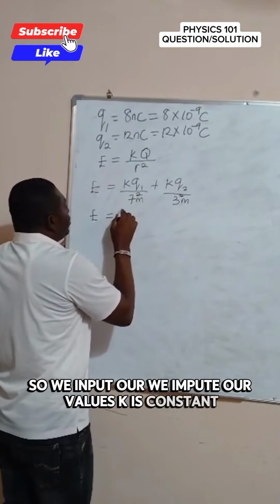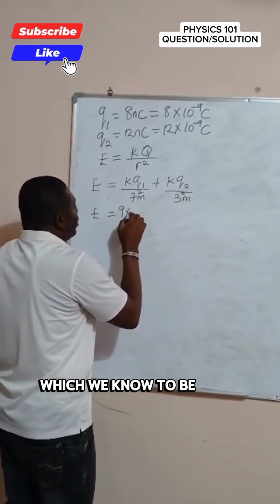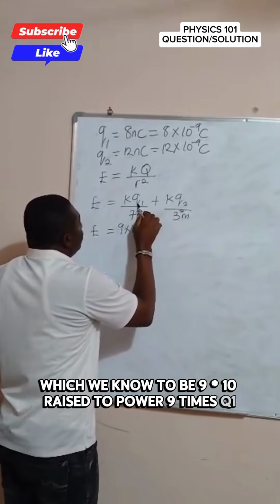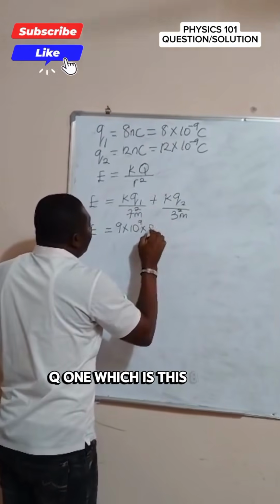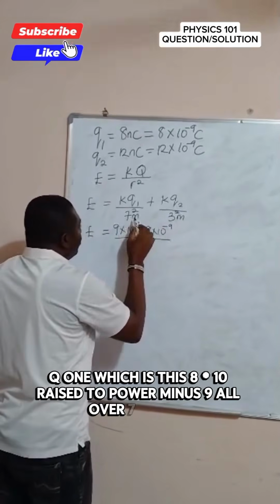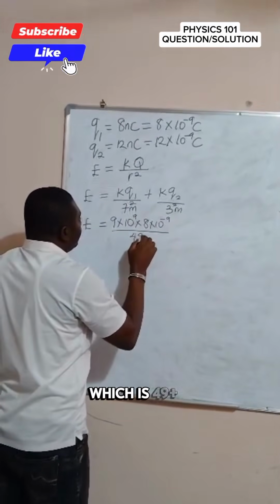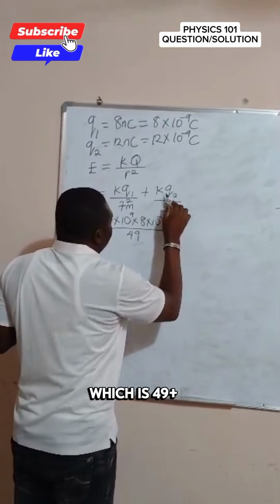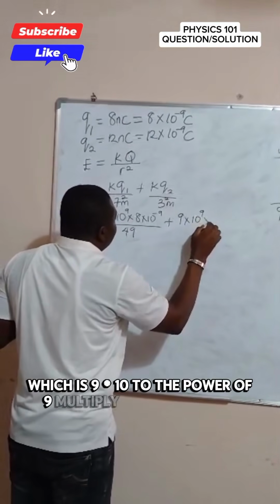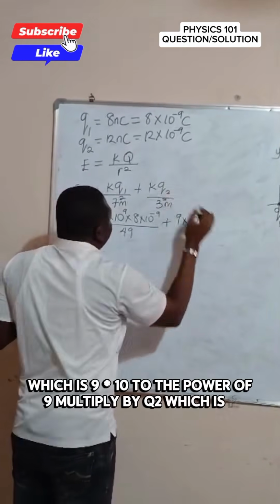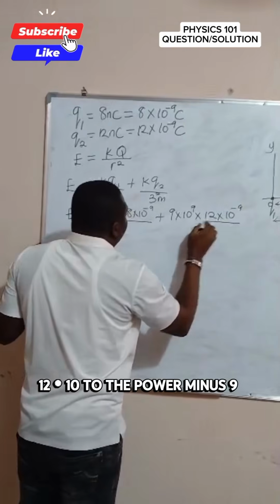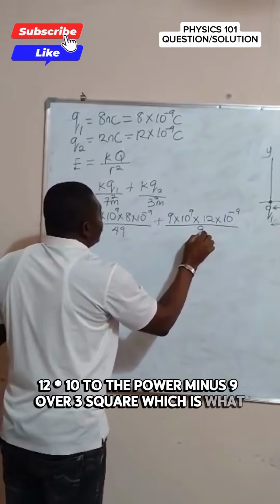K is a constant, which we know to be 9 times 10 raised to power 9, times Q1, which is 8 times 10 raised to power minus 9, all over 7 square, which is 49, plus K, which is 9 times 10 raised to power 9, multiplied by Q2, which is 12 times 10 raised to power minus 9, over 3 square, which is what?